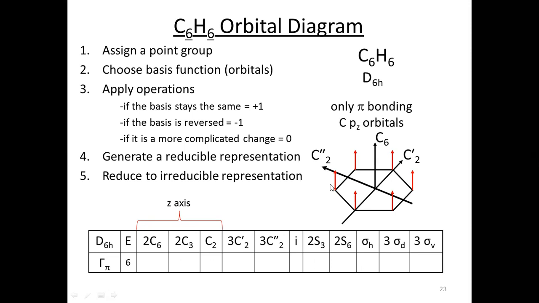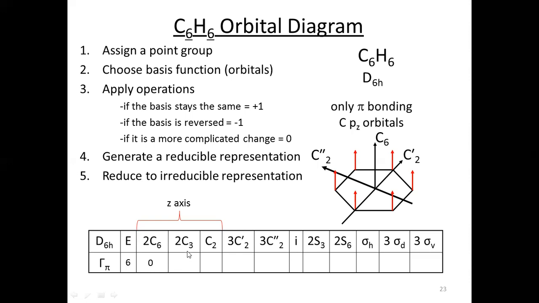So the first will move to the second position, the second will move to the third, the third to the fourth, the fourth to the fifth, and the fifth to the sixth position. It means all the orbitals are changing position. So I will keep it as 0 because there is no orbital that remains unchanged. All the orbitals are changed. That's why I have put it as 0.